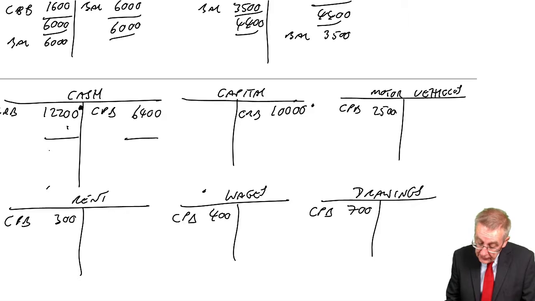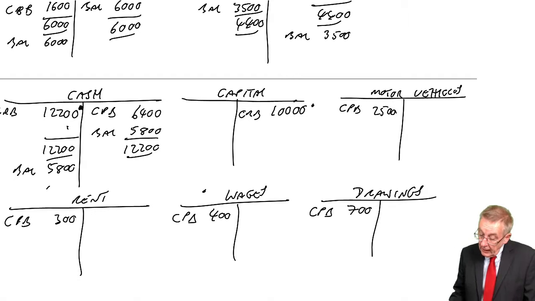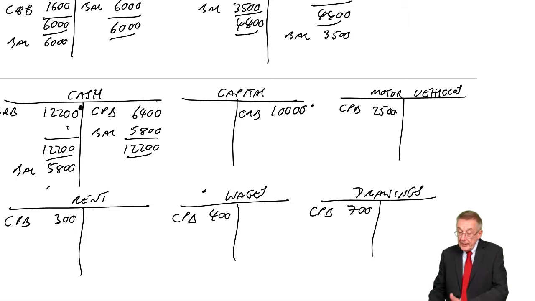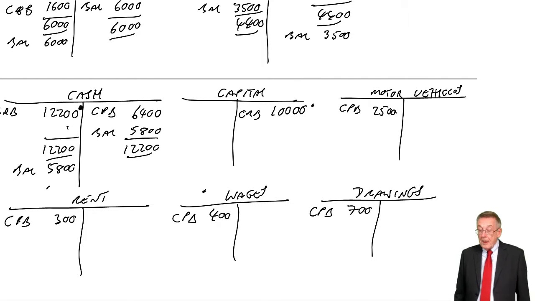On cash, what is it, 5,800? I think, yeah. Capital's going to take a balance. Motor vehicles, rent, wages, drawings. There's only the one figure.